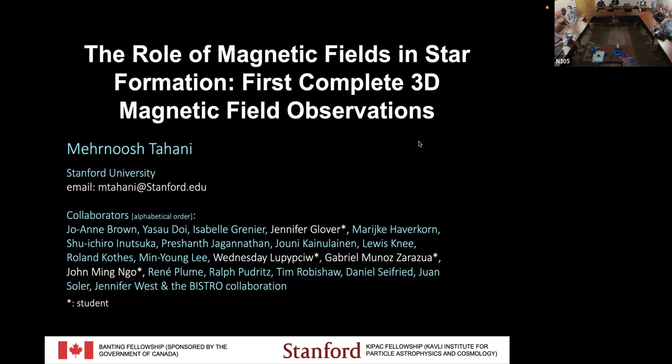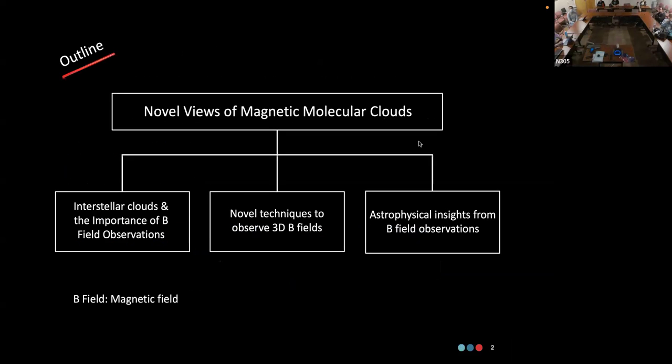And today I'd like to talk about the role of magnetic fields in star formation and the first complete 3D magnetic field observations of molecular clouds. First I'll give a brief introduction. For this talk, I'm focusing on molecular clouds, so I'll briefly discuss them.